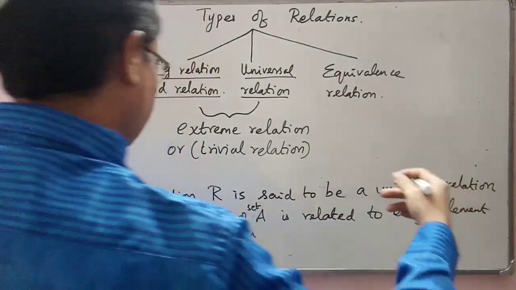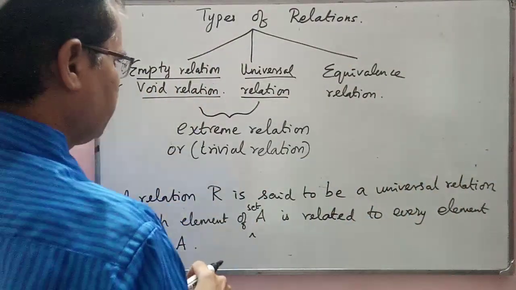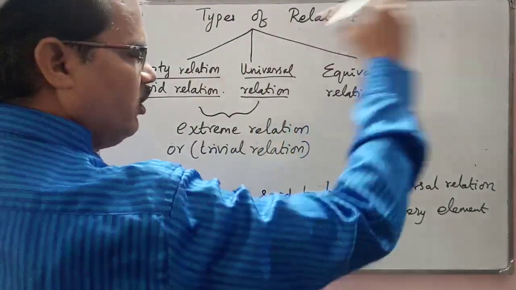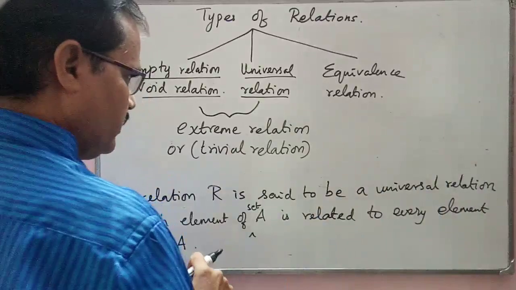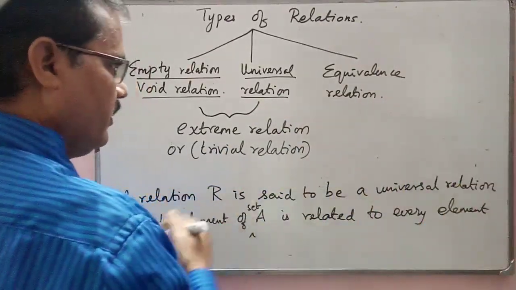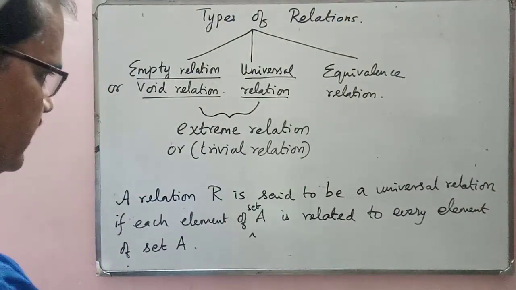Extreme means from one corner to the other corner. Here in the empty relation, nothing will be there. That is one end. In the universal relation, you have all the possible ordered pairs. So that's why they are called extreme or trivial relations. They are very particular. So that is about empty relation and universal relation, children.